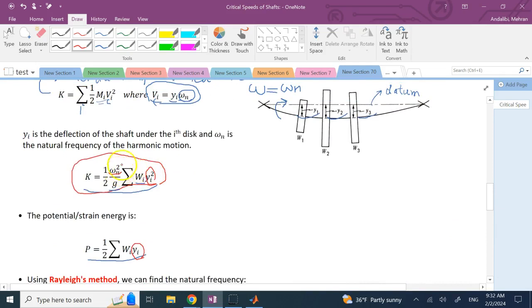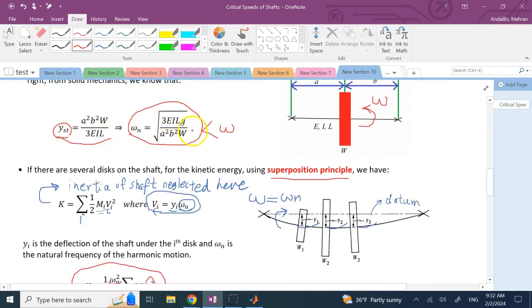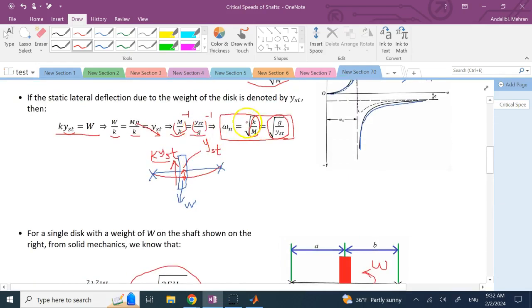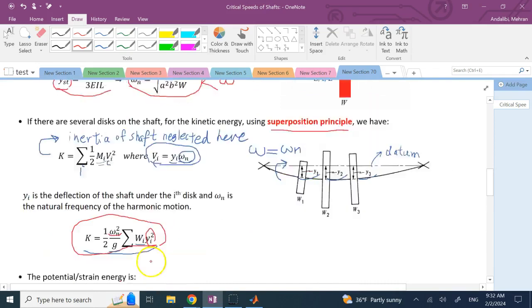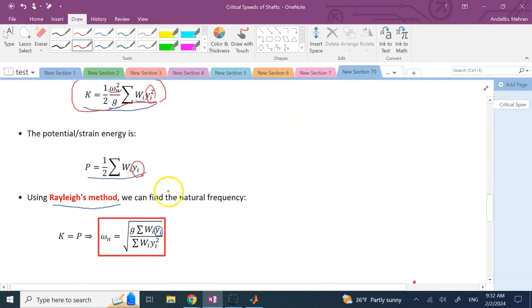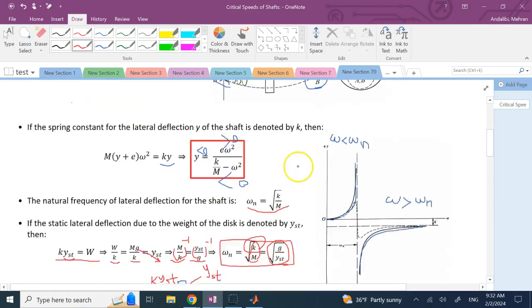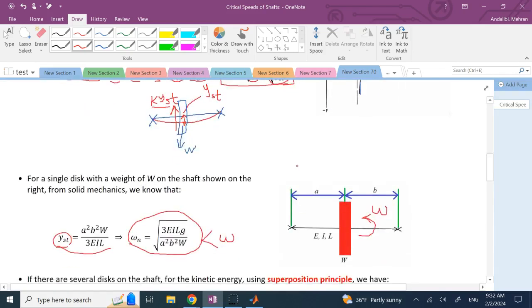If you want to find these k's or static y's, you have to resort to your solid mechanics knowledge. And here, if you want, you can rewrite this formula in terms of ki's instead of yi's. But again, those ki's are coming from static scenarios, right? Not dynamic ones, as we just discussed.